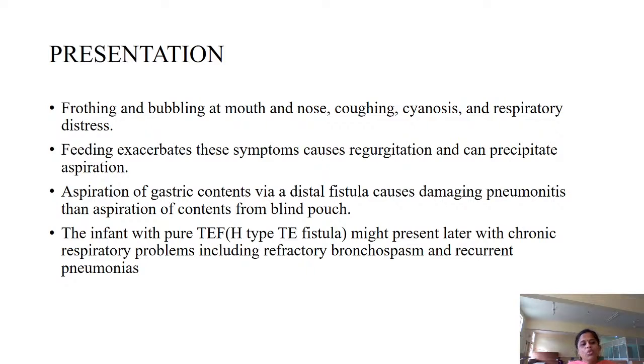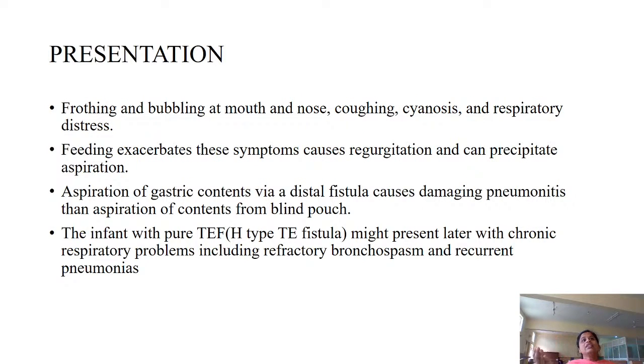And the infant with pure TEF, like H-type tracheoesophageal fistula, might present later with chronic respiratory problems, including refractory bronchospasm and refractory pneumonias. Because it is only a fistula and there is no atresia of the esophagus, the child will be able to swallow.